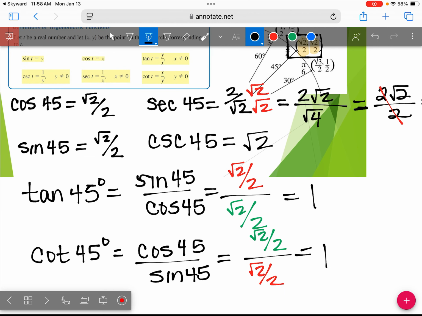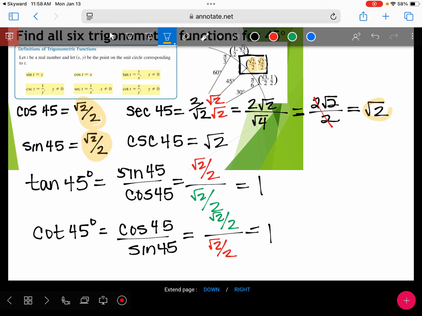So my answers, because we're in quadrant 1, everything is positive in quadrant 1. Everything is positive. So I have my cosine, my sine, my secant, my cosecant, my tangent, my cotangent.